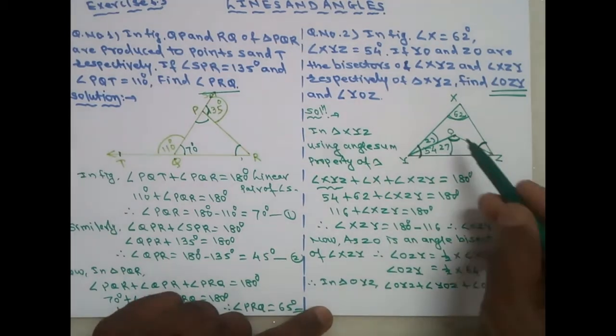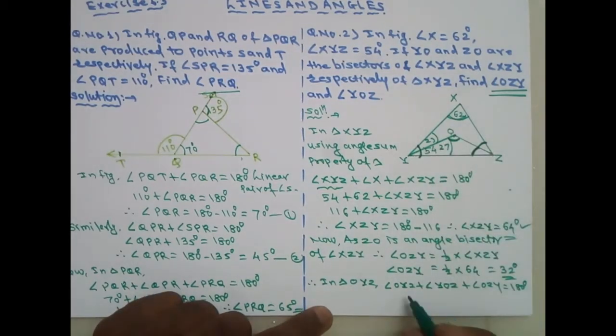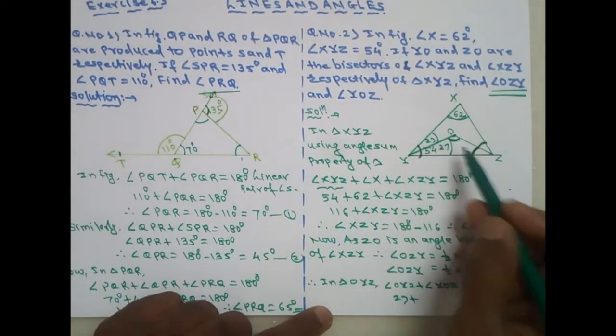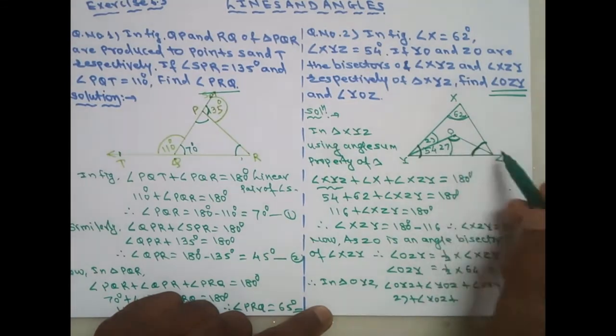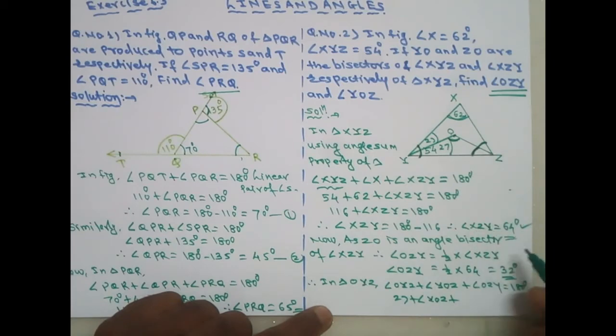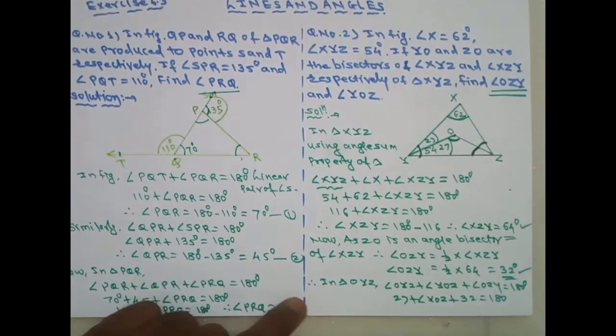So OYZ is 27, and we have to find YOZ, plus OZY, that is 32, equals 180. So 27 plus 32 is 59.